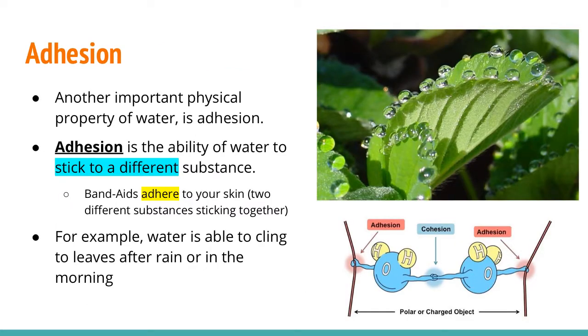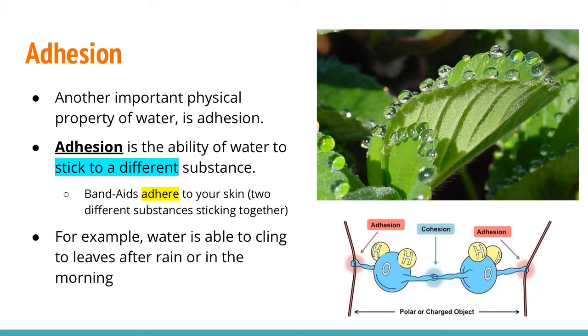The next property that we're going to look at is adhesion. So adhesion is another important physical property of water. And what adhesion is, it's the ability of water to stick to a different substance. So here I have this leaf and water is adhering to the leaf. Okay, it's sticking to it. We can think about Band-Aids.